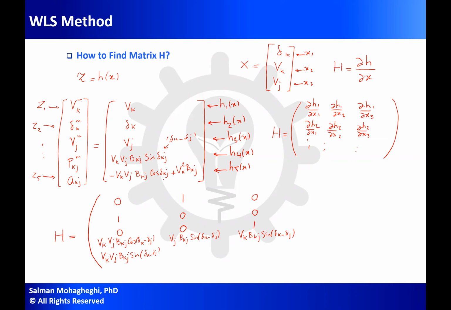The derivative of H5 with respect to Vk will be minus Vj Bkj cosine of delta K minus delta J, plus 2 times Vk Bkj. And then the derivative with respect to Vj is just going to be minus Vk Bkj cosine of delta k minus delta j. And again, the second term has no Vj in it, so the derivative would be 0.